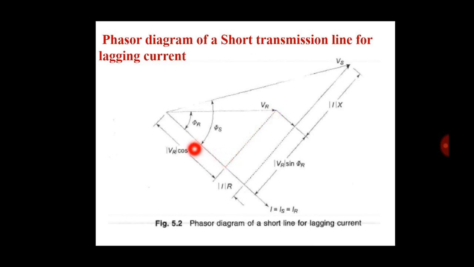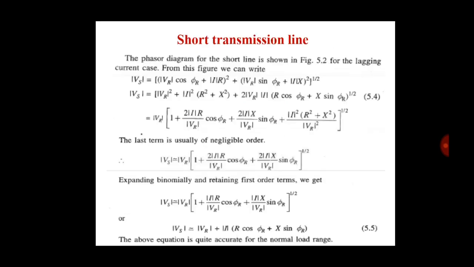So now the equation is Vs equal to the addition of these: VR cos phi r plus IR, plus j times VR sin phi r plus Ix, is equal to Vs. From this phasor diagram of a short transmission line for lagging current, we write the magnitude of Vs as the square root of VR cos phi r plus IR whole square plus VR sin phi r plus Ix whole square.